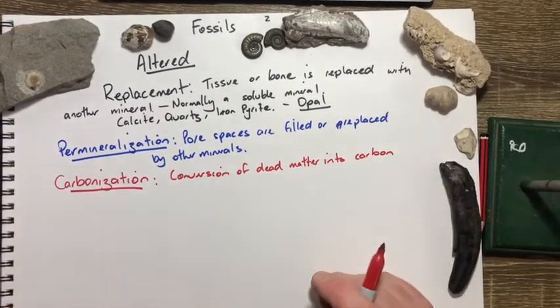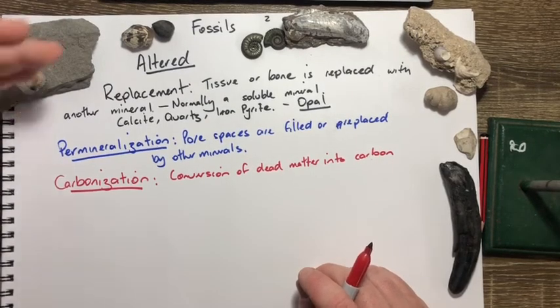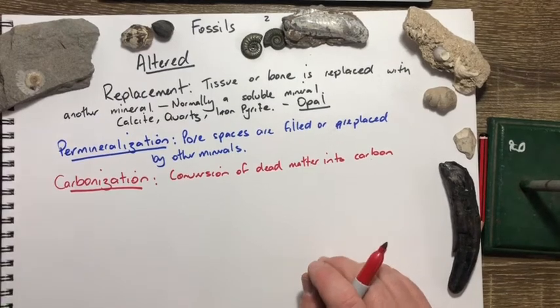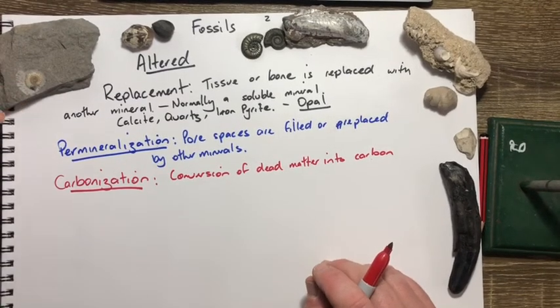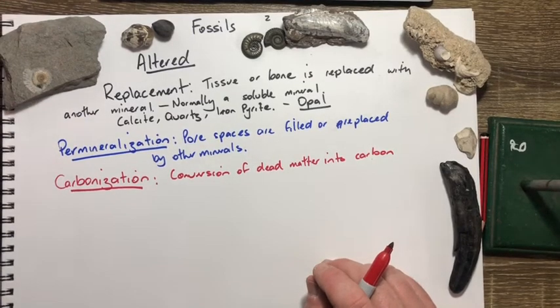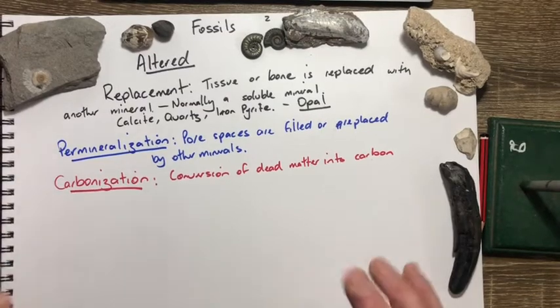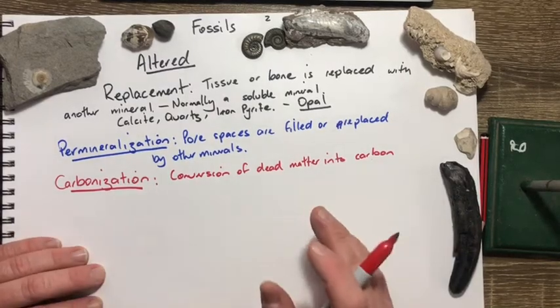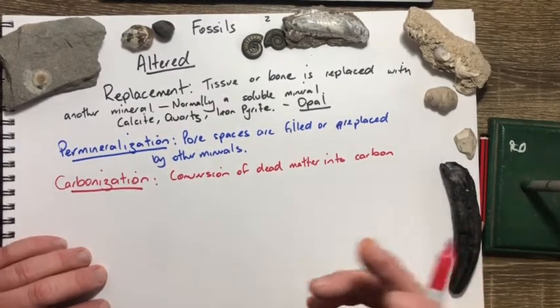So it's very different from replacement or permineralization, in that the actual material is converted to carbon, and it normally happens in organic fossils that are very thin, and they produce a very thin, fine layer of carbon. It's not turned into coal, I've got to say. That's a much slower process.